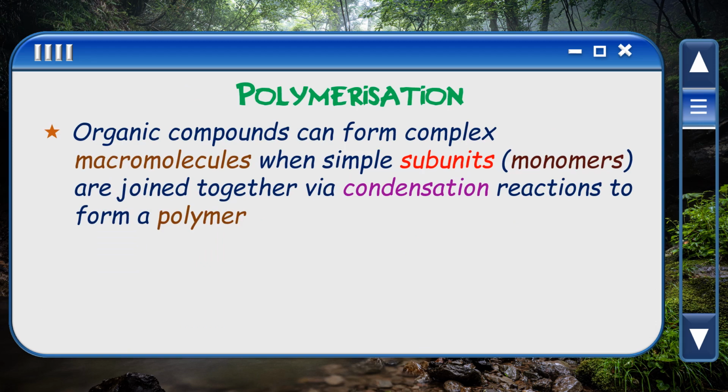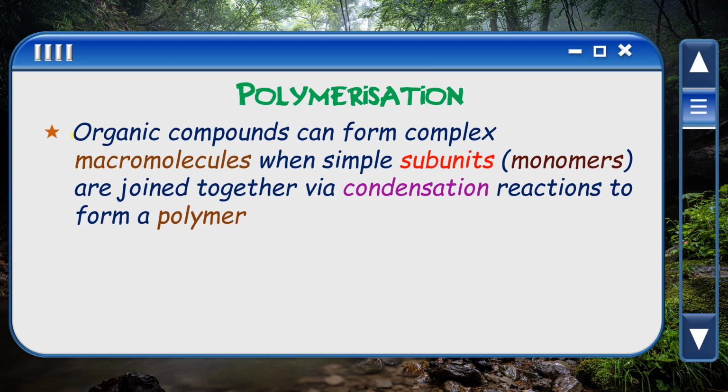Let's look now at polymerization. Organic compounds can form complex macromolecules when simple subunits, which we refer to as monomers, are joined together via condensation reaction to form a polymer.